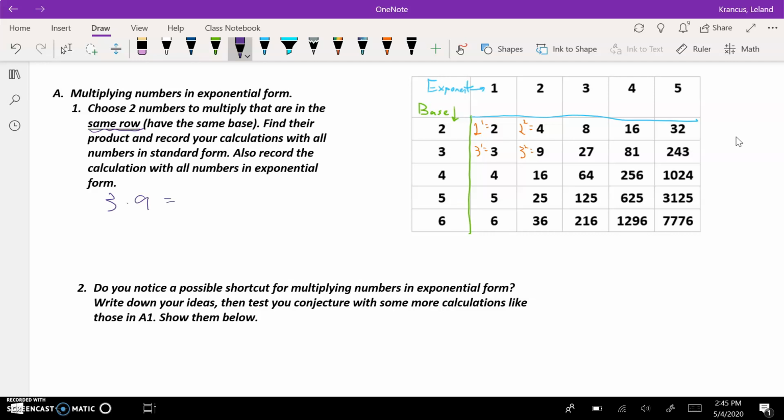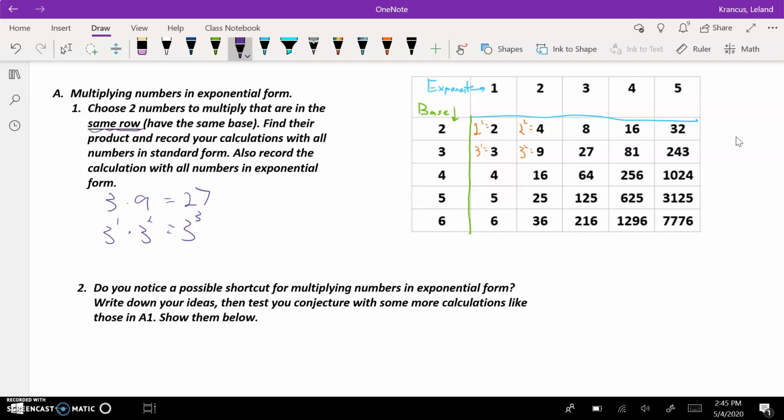That's 3 times 9 equals 27. I could write this as 3 to the first power times 3 to the second power is equal to 3 to the third power. So tinker around with some of those, choose your own bases and your own exponents in the same row, and see if you see something similar to what I found there.